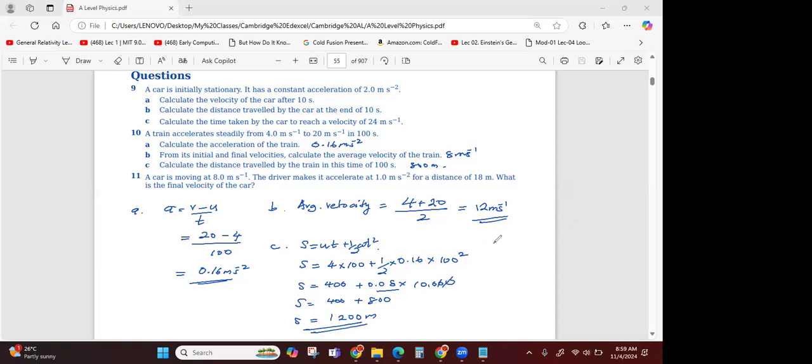So now let's do this using the other equation. S equals u plus v divided by 2 into time. Now the average velocity we already calculated, that is 12. So 12 into 100. So S equals 1200 meters.